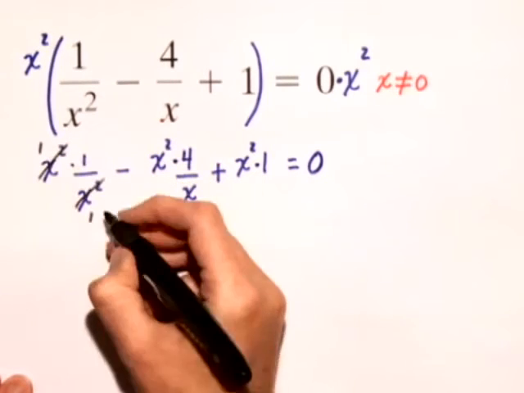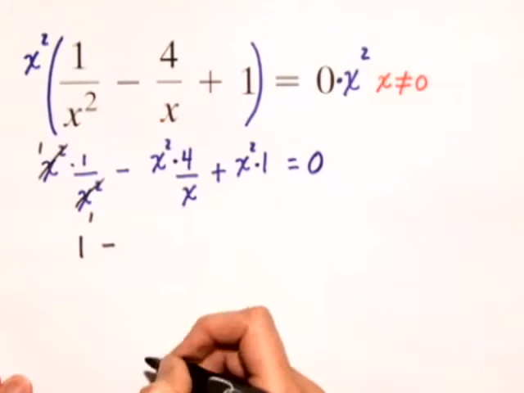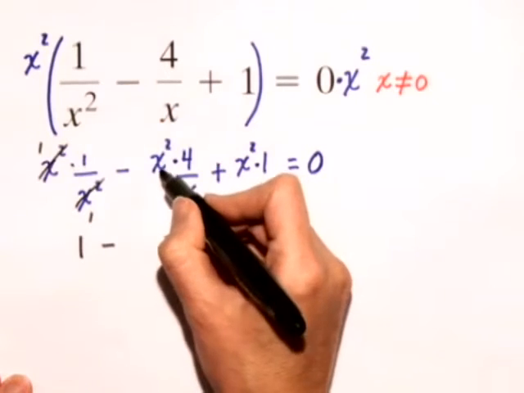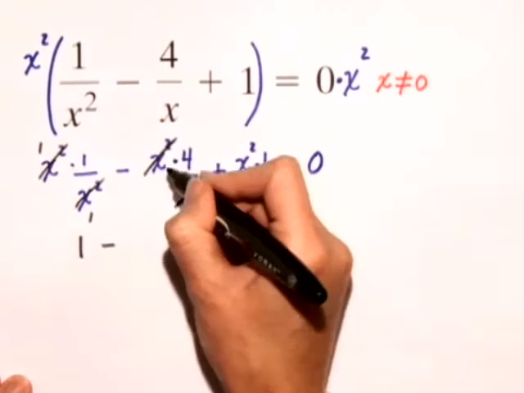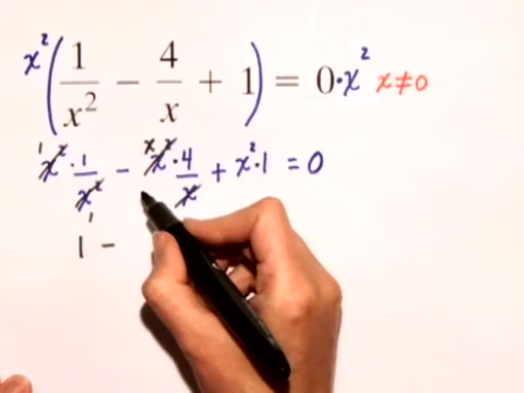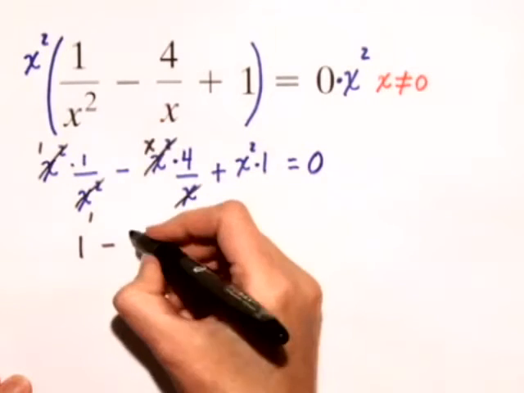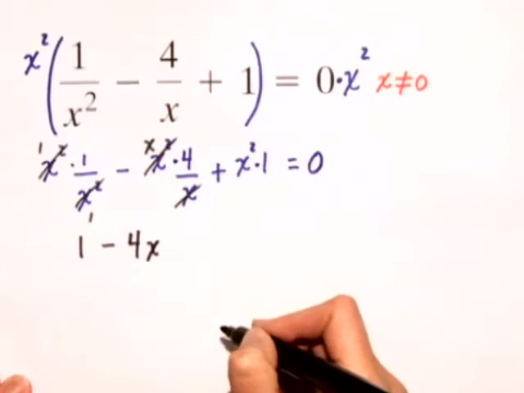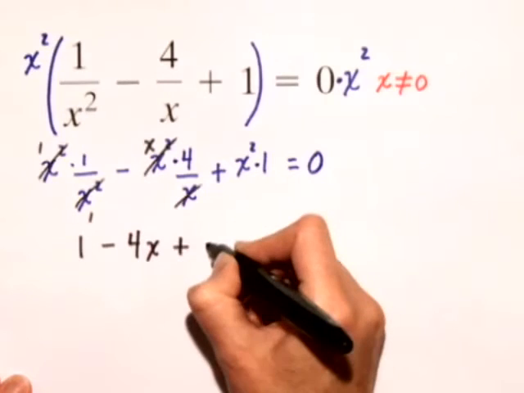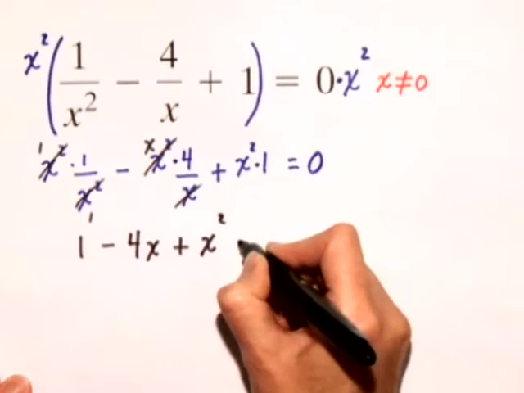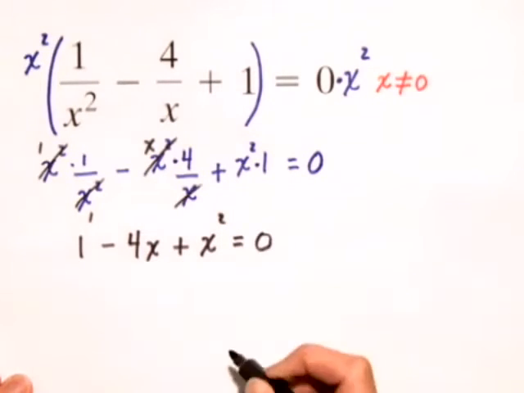So 1 times 1 is just 1. Minus, in this case, x squared divided by x simplifies to x. So I have minus x times 4, and I'll write that as 4x. Plus, x squared times 1 is just x squared, and that's equal to 0.